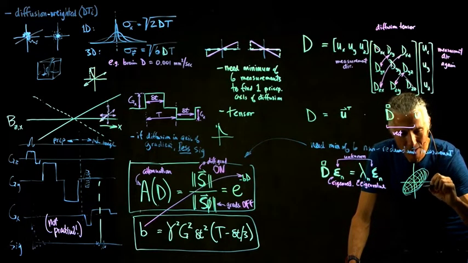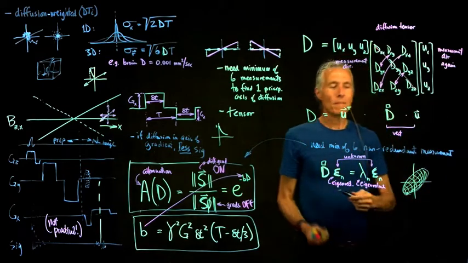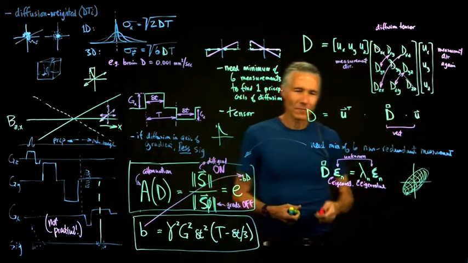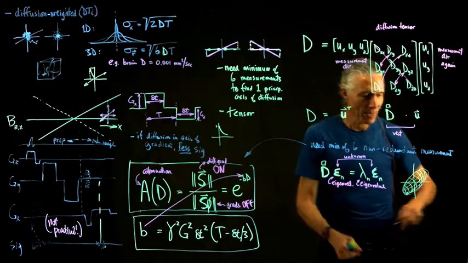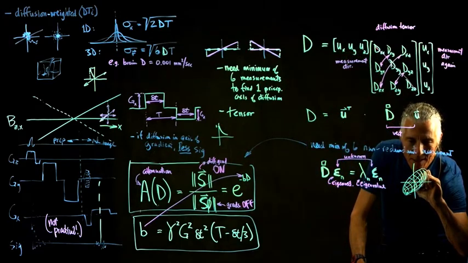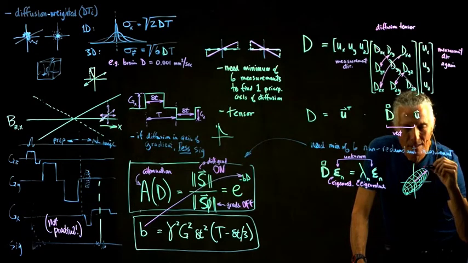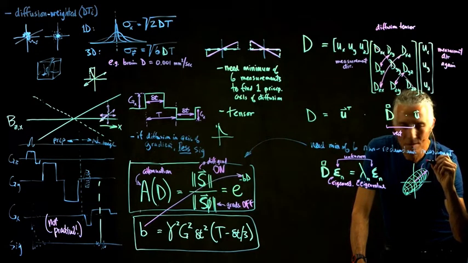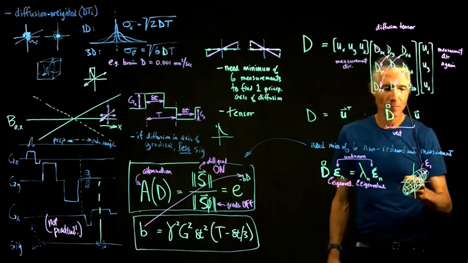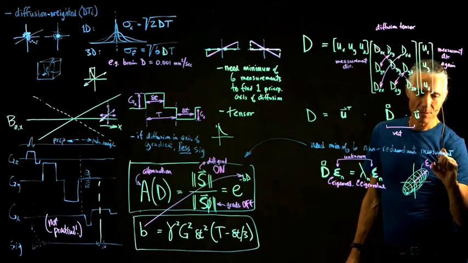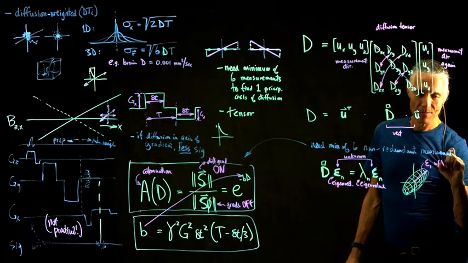It's got 3, that's what the eigenvalue problem gives you. And what it gives you is the first eigenvector, epsilon 1. That first eigenvector is going to give you, with eigenvalue 1.